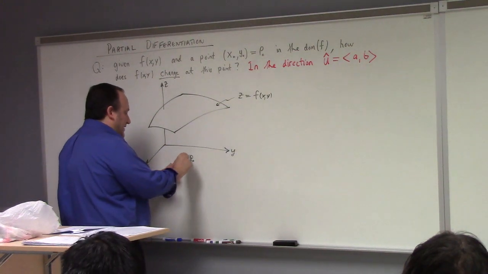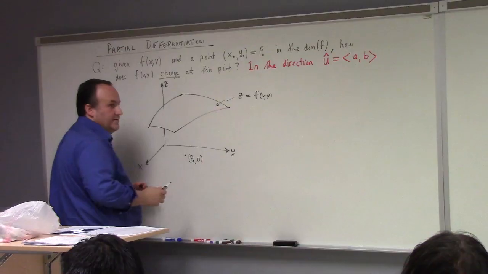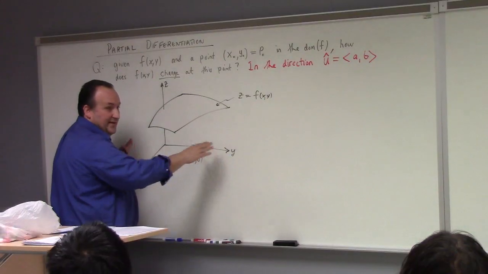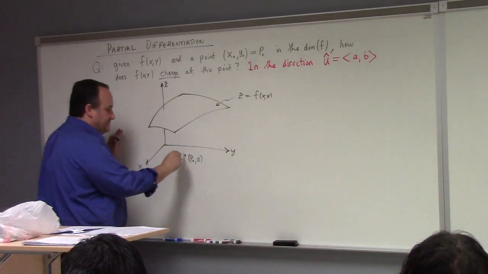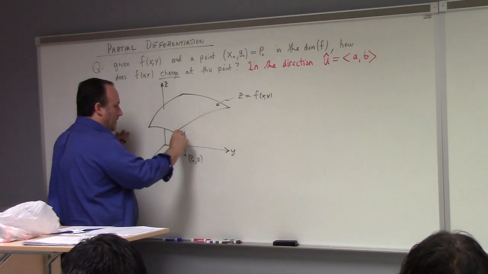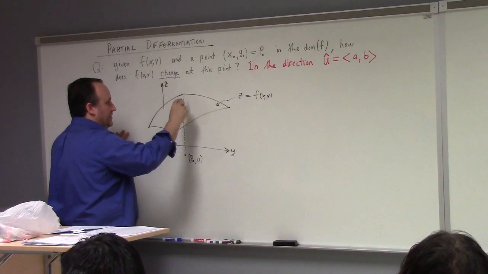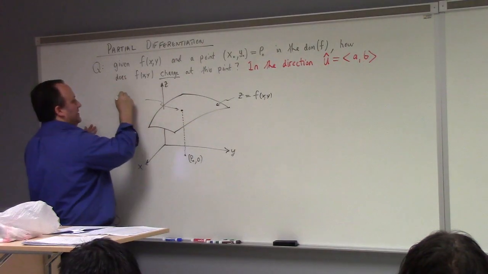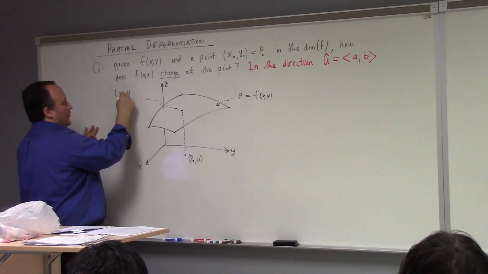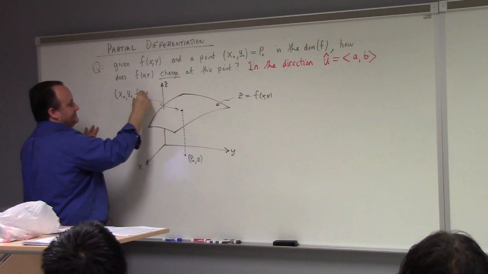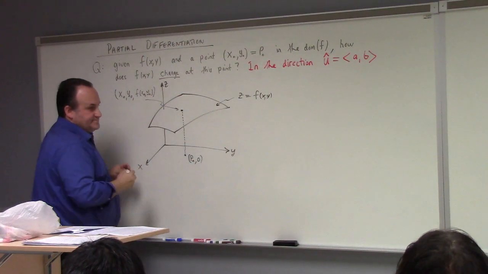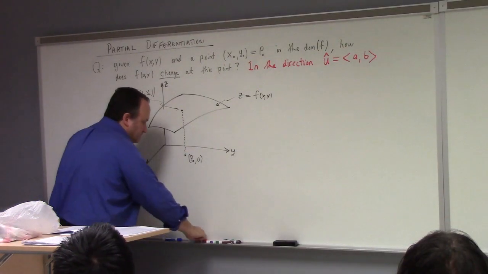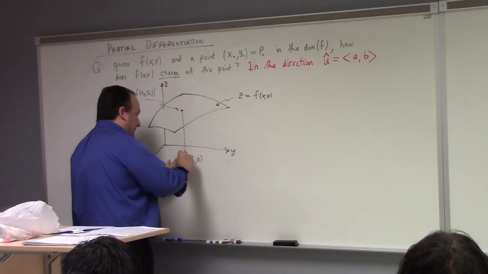Technically this is x naught, y naught, 0 in the x, y, z system, but I'm just saying visualize the point in the domain according to this point in the xy plane. Now above that, right here, is the point in the graph. That is, this point up here is x naught, comma y naught, comma f of x naught, y naught. That's the point on the graph. If you want, we could visualize the a, b vector down here as well, in a horizontal sense. So maybe it's like this.